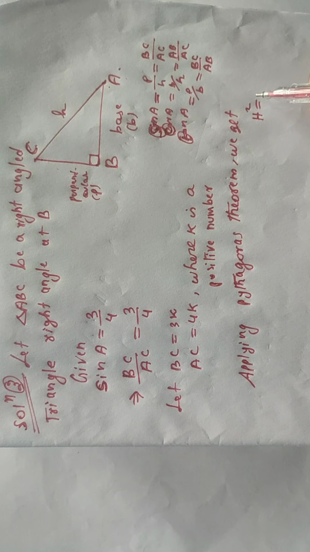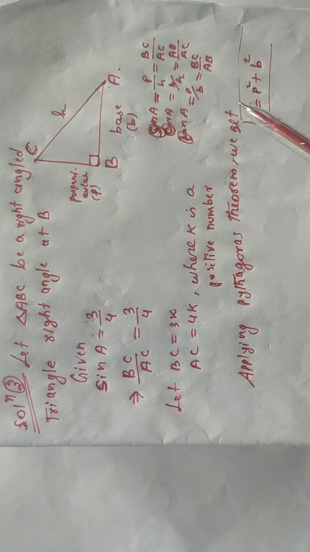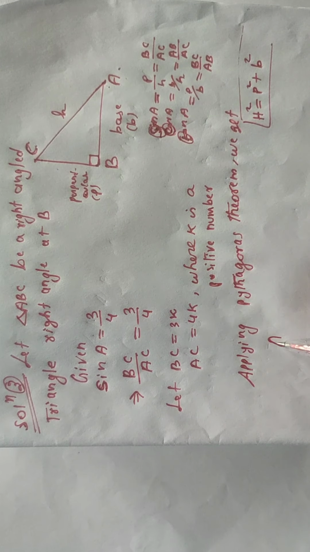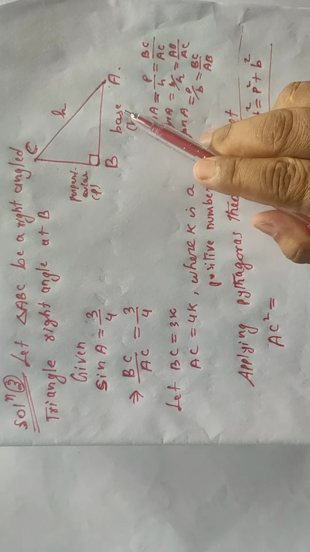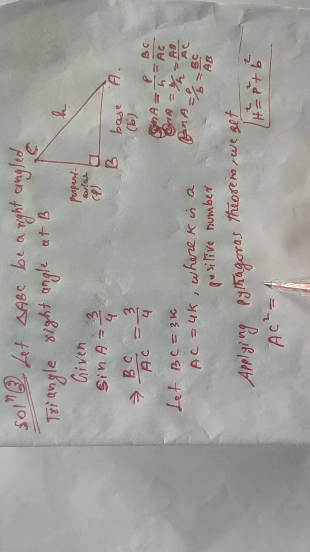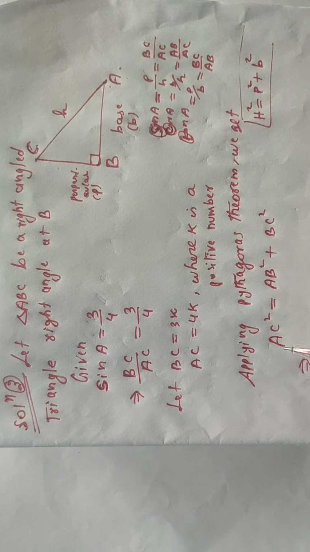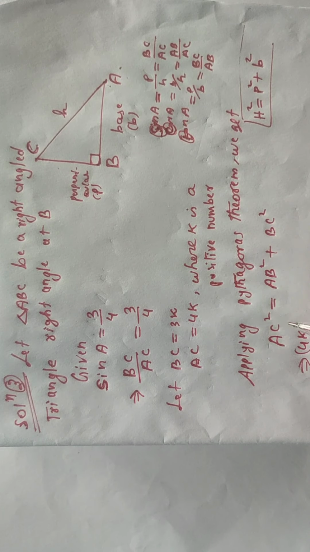Hypotenuse square equal to sum of the squares of the two sides, base square plus perpendicular square. So hypotenuse is the longest side. It is AC square equal to AB square plus BC square. Now put the value of AC. What is the value of AC? It is 4k whole square. AB, we don't know the value of AB.